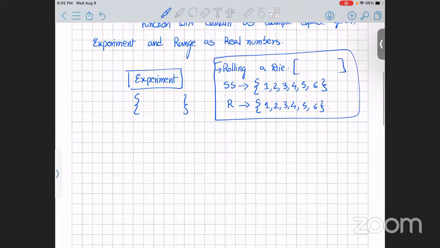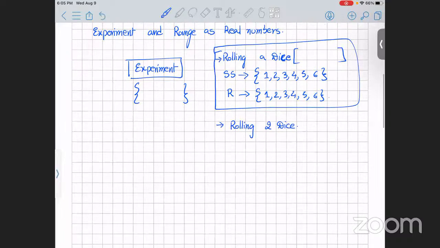Now let us take another example. Let us change the experiment: rolling 2 dice. Listen carefully now. X is a random variable.